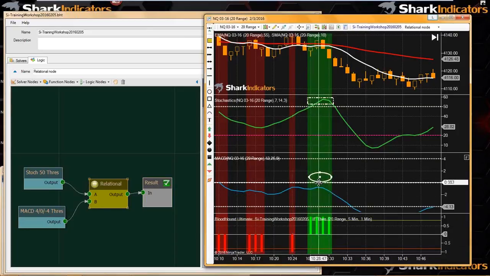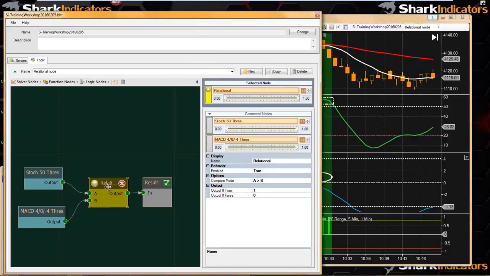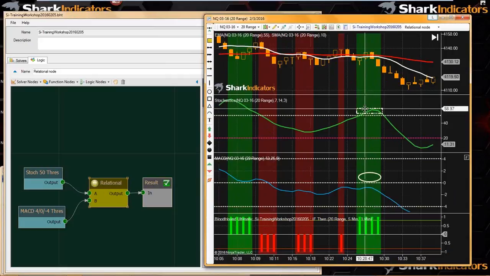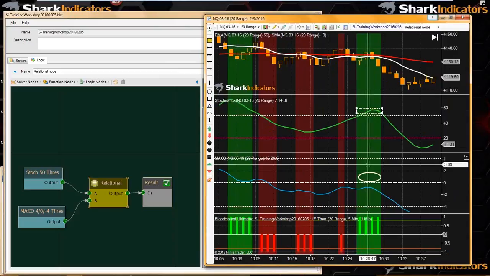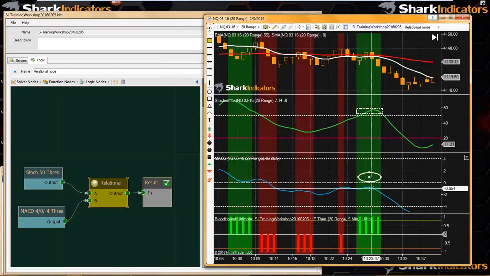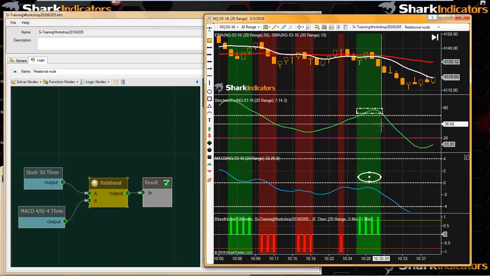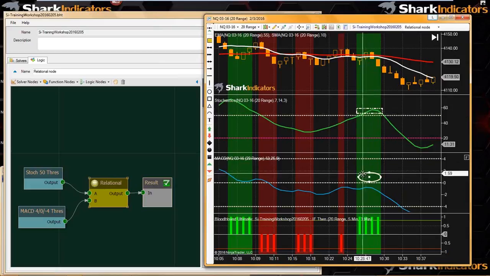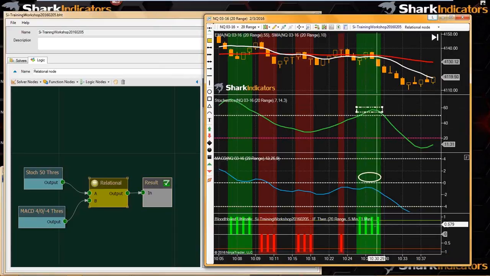So what the relational node is looking at on this bar is: okay, the stochastic is above 50, so it has a long output, but the MACD is below the 0 line, so there's no long output. Therefore, A is greater than B. And since our stochastic, which is A, is greater than B, we're getting a long output here.